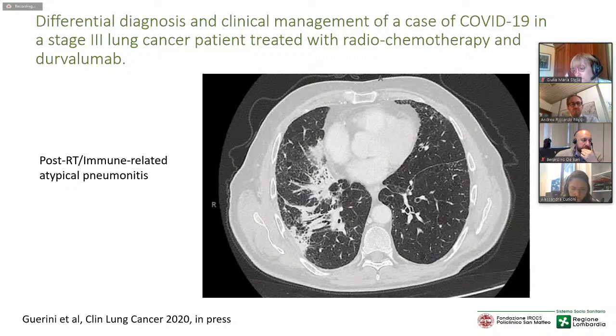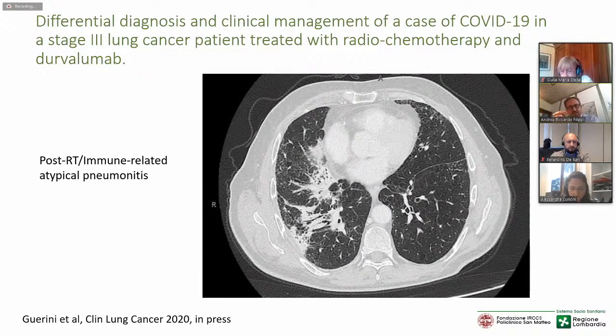After the first 3 infusions of Durvalumab, the patient developed what they commonly define, as a clinical and radiological diagnosis, an immune-related pneumonitis, even if atypical, but as we heard from Dr. Curioni, it's not easy to know what is typical in an immune-related pneumonitis.